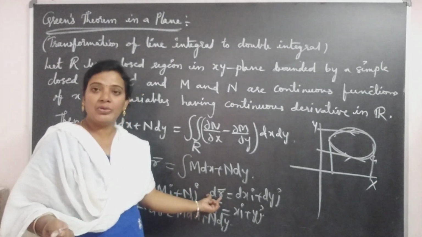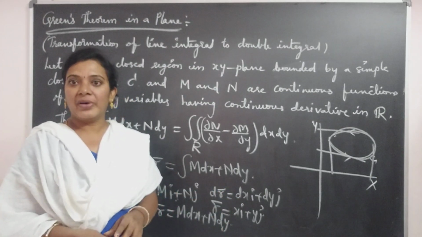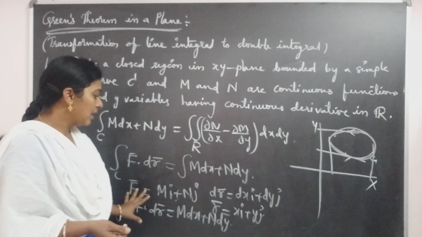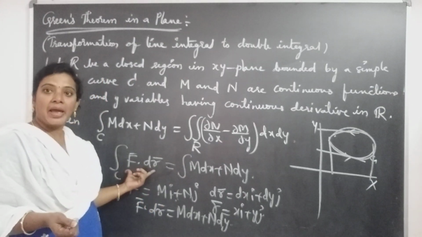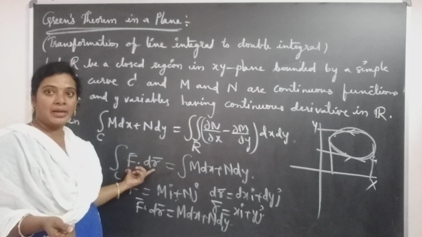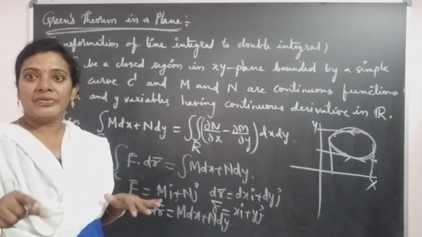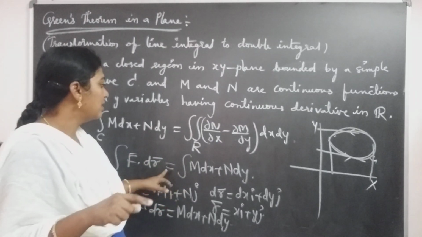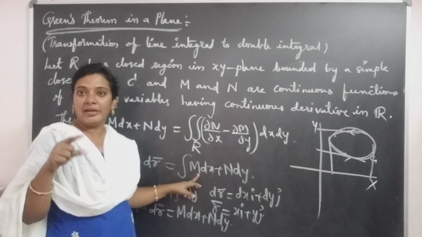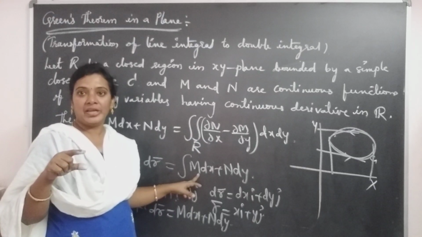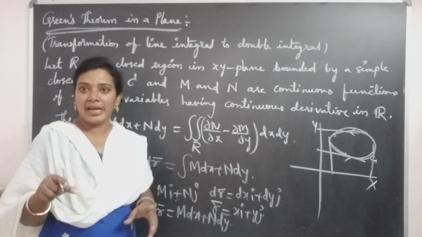Further, the derivative of the position vector is dx i plus dy j. In the circular curve, the line integral is F bar dot dr bar, both being vectors, so we can take the dot product. That is equal to the integral over the closed curve C of M dx plus N dy, with continuous derivatives.